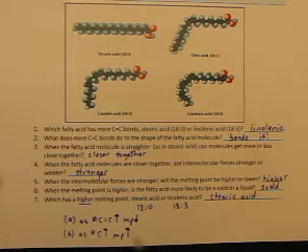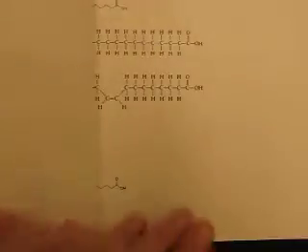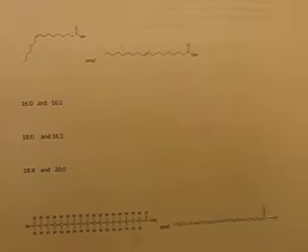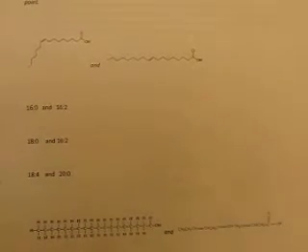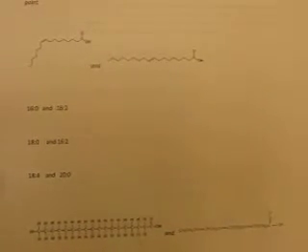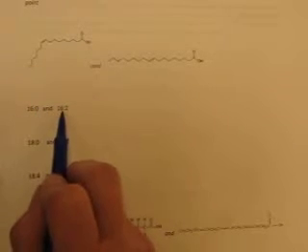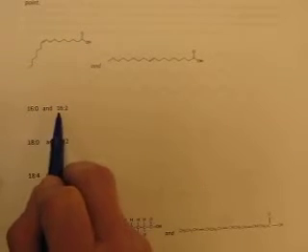What we want to do then is take a look at comparing melting points of different fatty acids. Let's do that. Let's compare a few. I'll look at this first. 16.0 and 16.2.